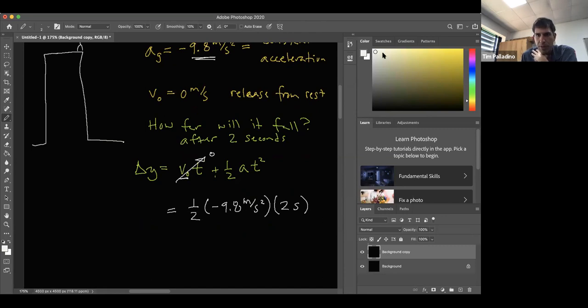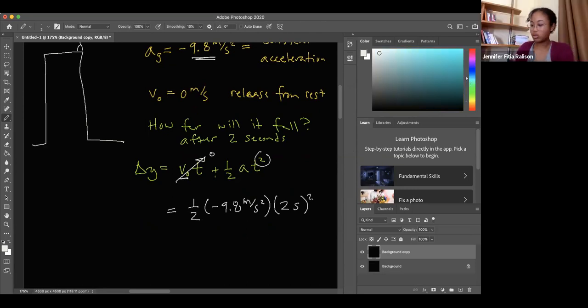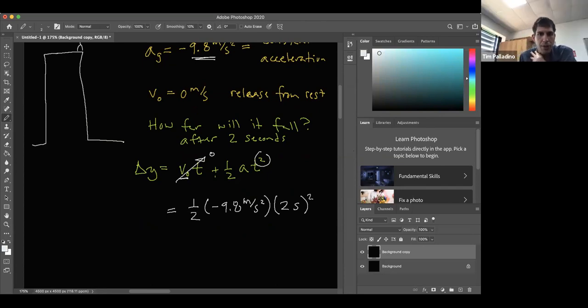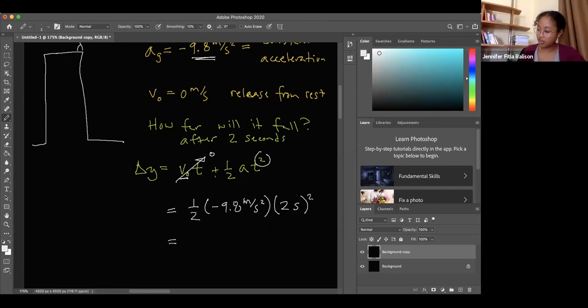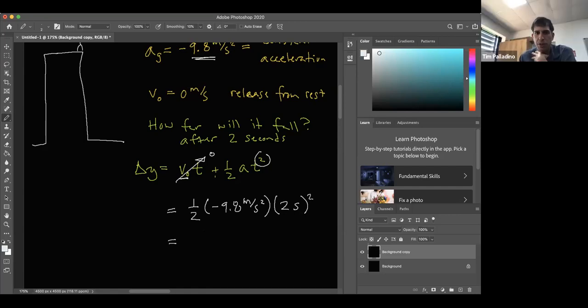Sorry, I made one mistake. It's 2 seconds squared, because this term right here is a t squared. I have a question. Yeah, go ahead, Jen. Is it only the t that is squared? Correct. Just the t term.